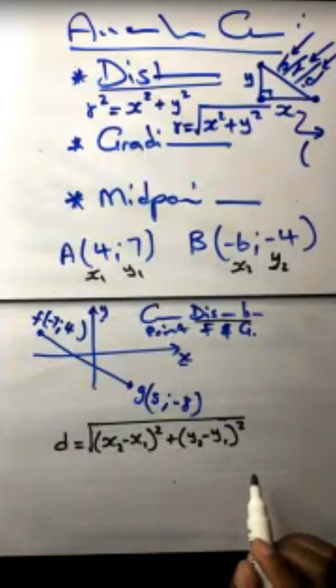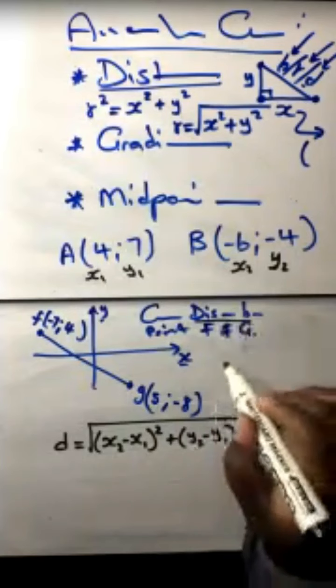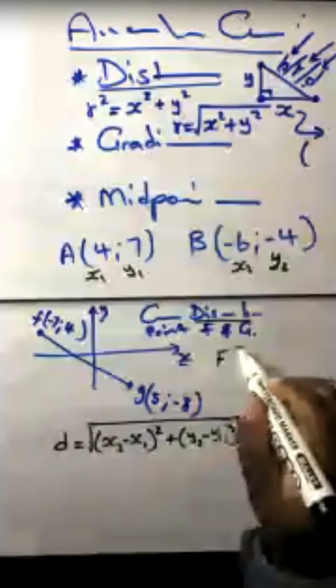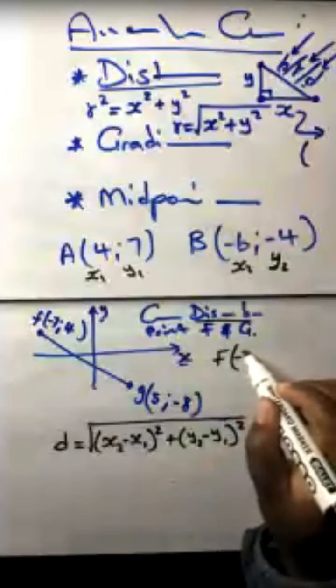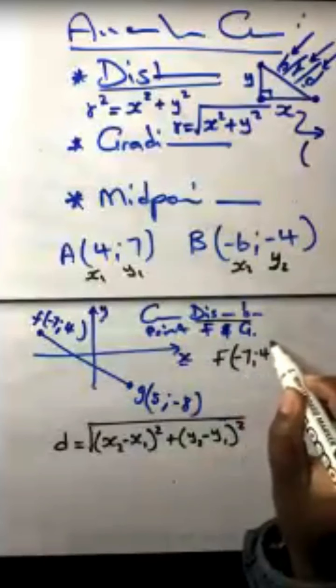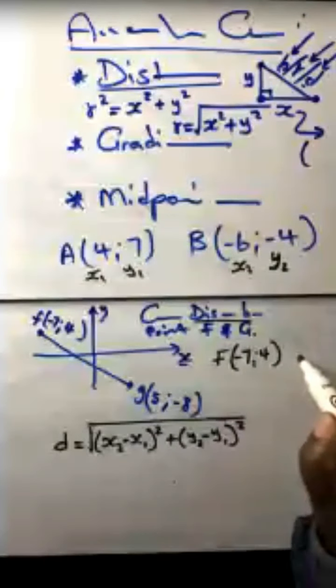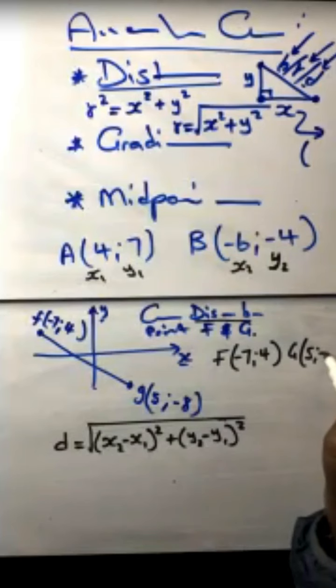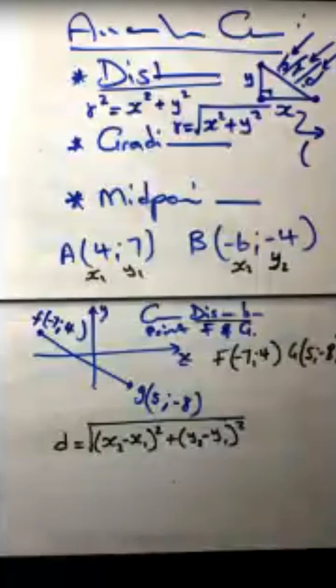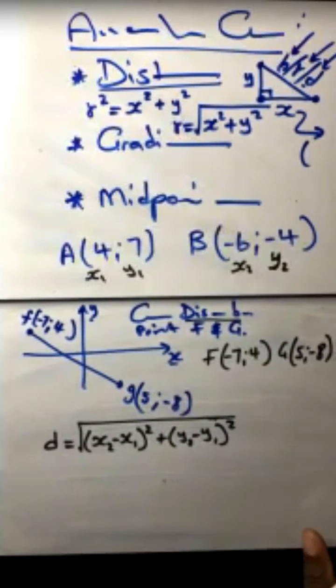Then you need 2 points. You've got your first point being -7 and 4. You've got another point, which is point G. We've got 5 and -8. So between F and G, which one comes first and which one comes second?